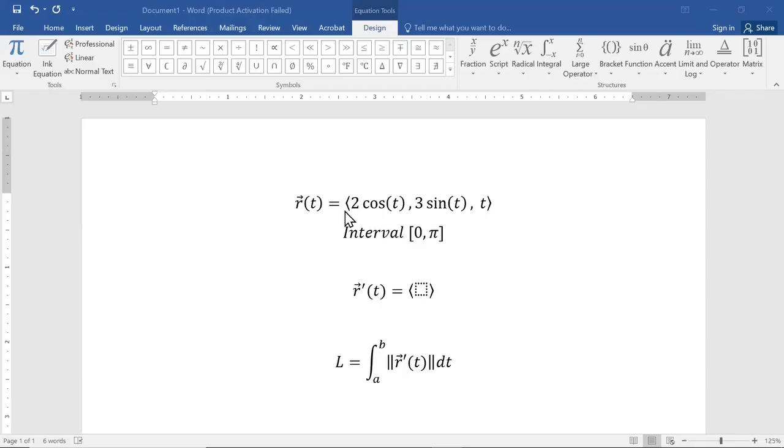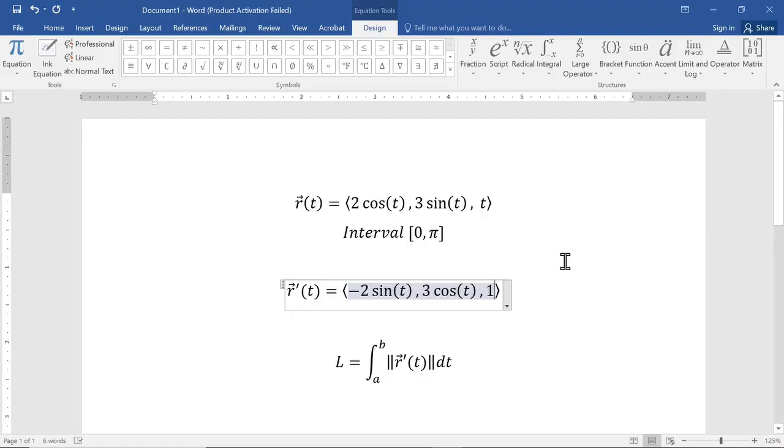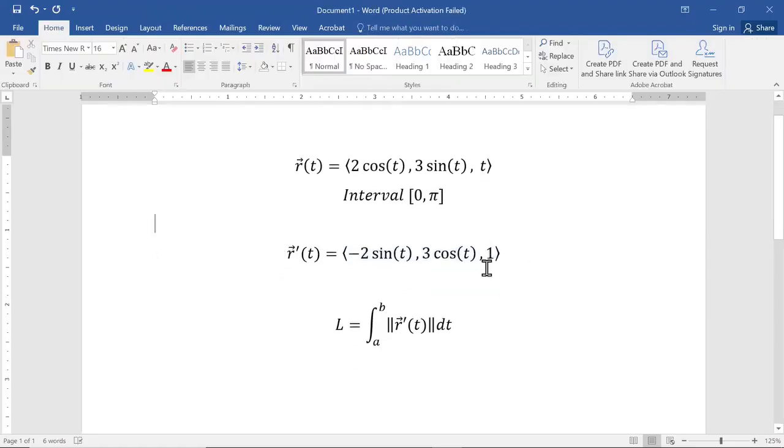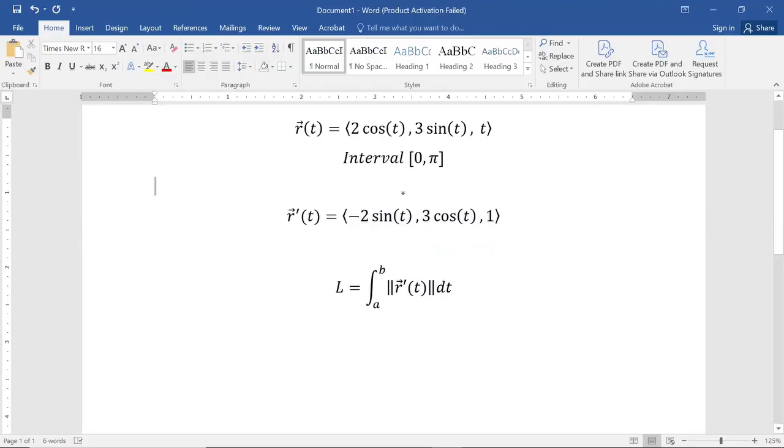Now we've dealt with this vector valued function before, so we should be comfortable with doing the derivative. Derivative of 2 cosine of t is -2 times sine of t. Derivative of 3 sine of t is 3 cosine of t, and the derivative of t is 1. And we're going to be doing the arc length on the interval 0 to pi.